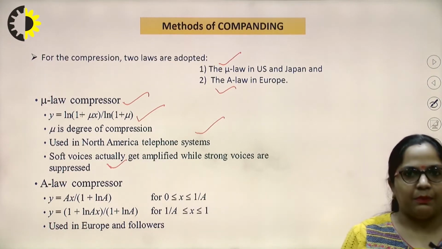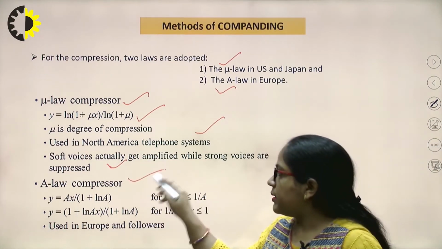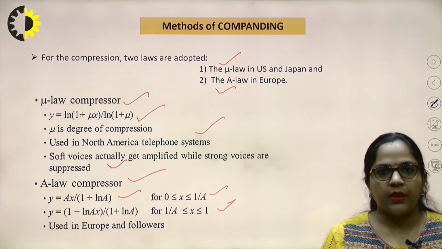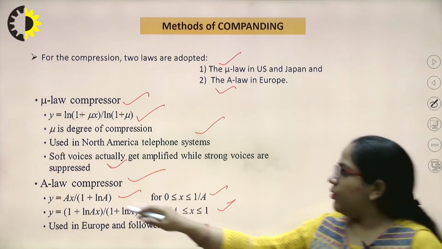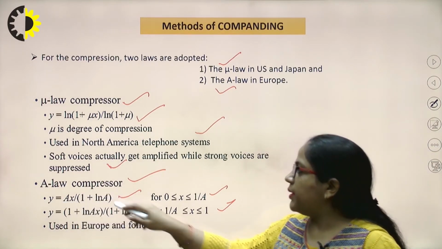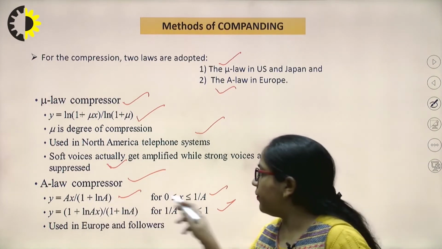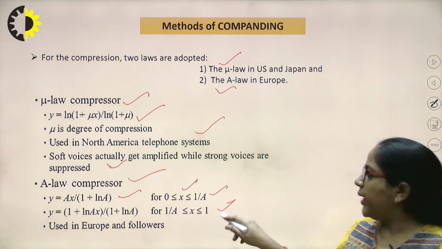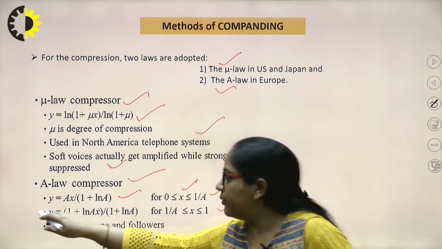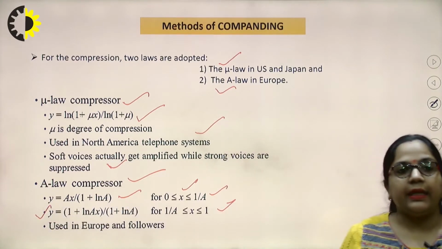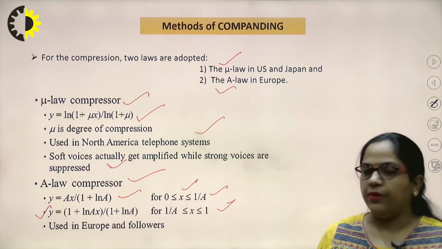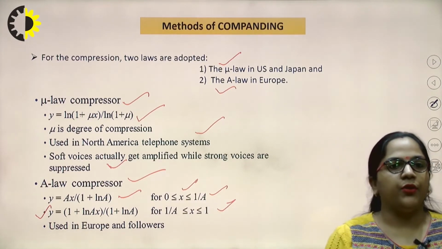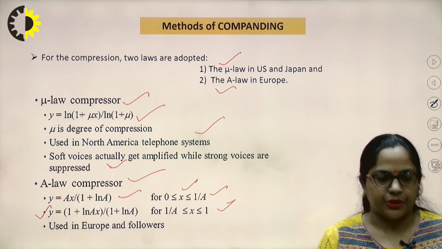The A law, this is the expression for the A law. These are the two expressions with the help of which we can perform A law compression, according to which it is A x divided by 1 plus ln of A, for x lying between 0 and 1 by A. If x is lying between 1 by A and 1, then the expression becomes 1 plus ln of A x divided by 1 plus ln of A. This particular A law compressor is used in Europe and the followers of European countries.